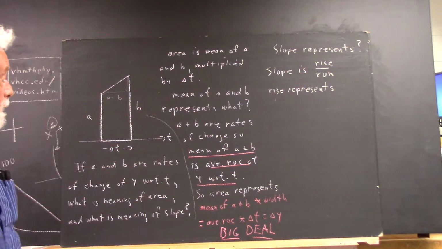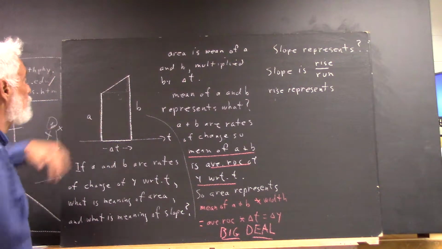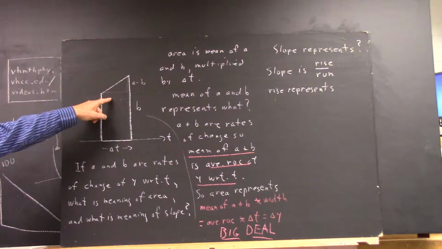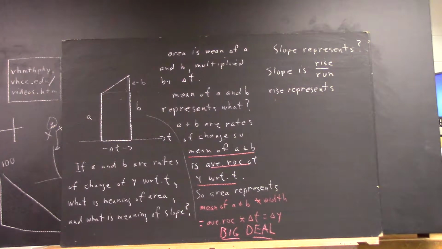Now, if this displacement is A minus B, what's this displacement then? It's going to be the width. It has to do with the width. So what would it be in terms of the symbols that we have up here? Your rise is a vertical quantity, but the run is horizontal.